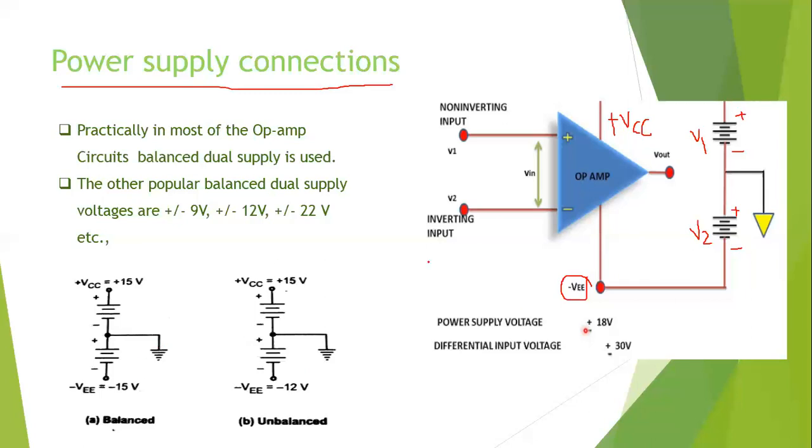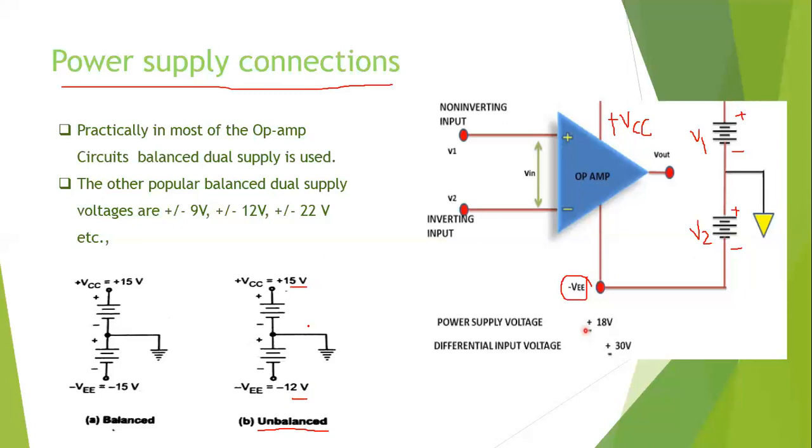We have to see whether these are balanced or unbalanced power supplies. If it is a balanced power supply, then both supplies are equal in magnitude. That is, plus VCC and minus VEE have the same values but opposite polarities. If it is an unbalanced power supply, then the values of the supplies vary. If one is 15 volts, the other may be 12 volts, or you can consider any numbers, such as 9 volts and 12 volts.